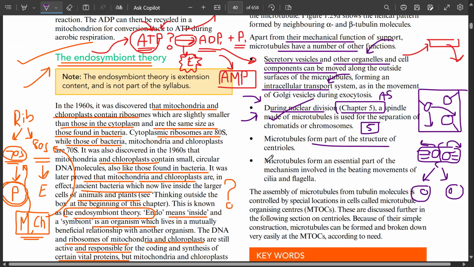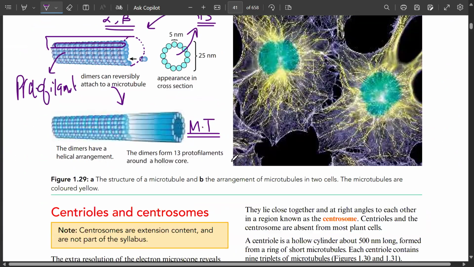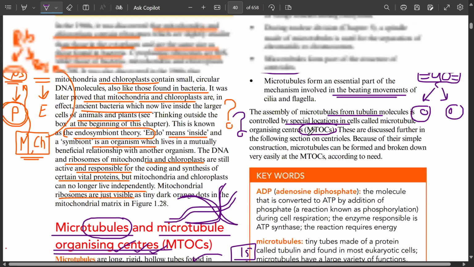Microtubules form part of the structure called centrioles as well, which we're going to discuss as our next organelle. And they also produce the beating movements of cilia and flagella. The assembly of microtubules from tubulin molecules is controlled by special locations in the cells called microtubule organizing centers. Now, where is this whole assembly done? The one we have just seen over here, MTOCs, microtubule organizing centers.